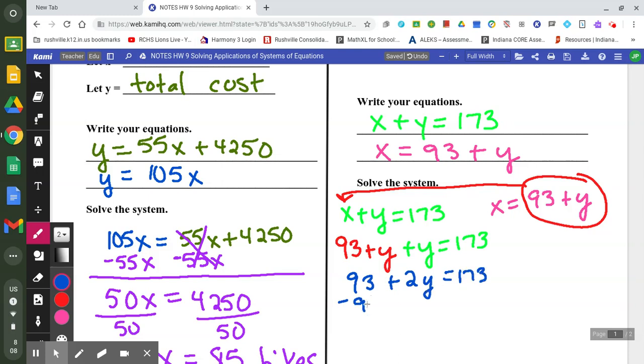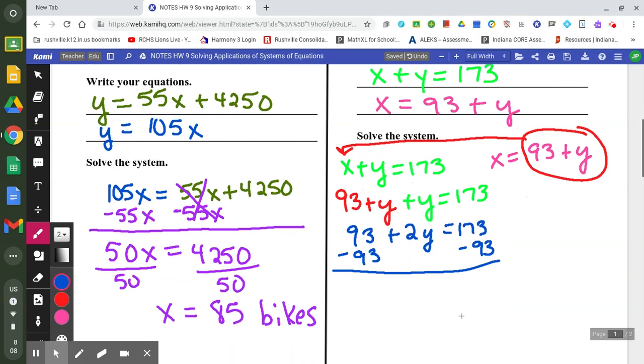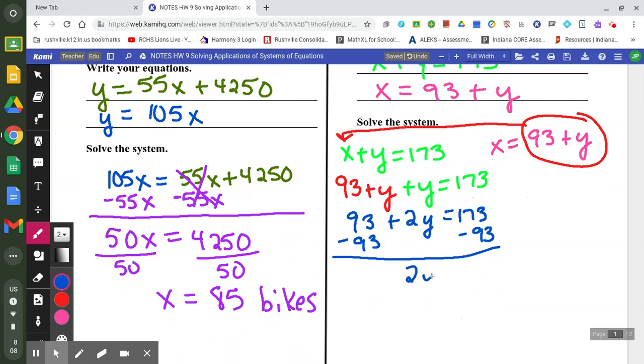I'm going to subtract 93 from both sides of the equal sign. So I have 2y equals 173 minus 93, which is 80. Divide each side by 2. So we got 40 for y.